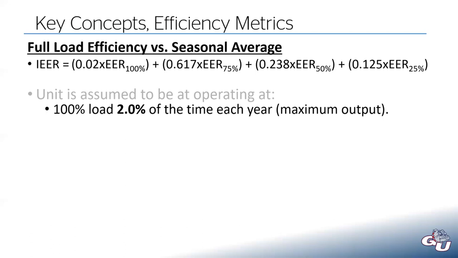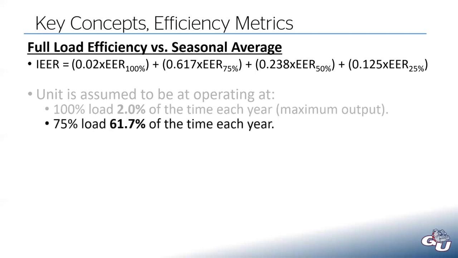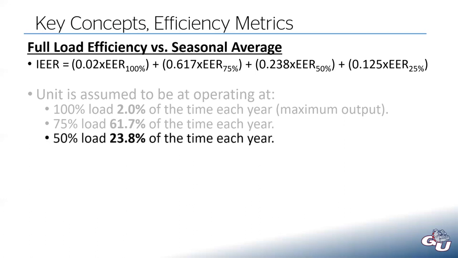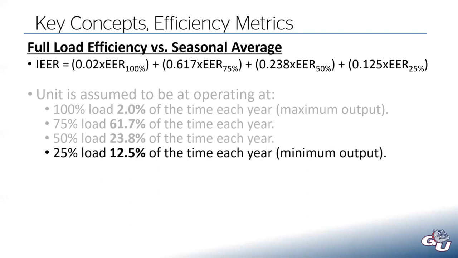So it's not even over the full year unless you live somewhere where they have cooling year round. And then 75% load for a significantly more amount of time each year, almost 62%. And then 50% load at about 24% and 25% load at 12.5%.